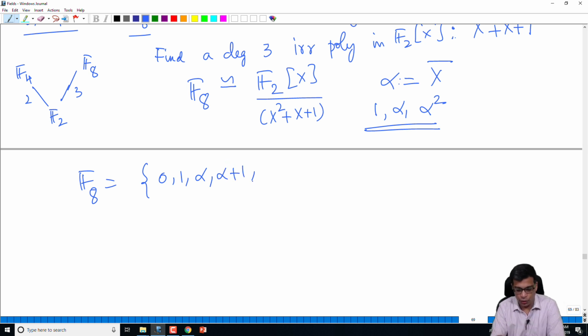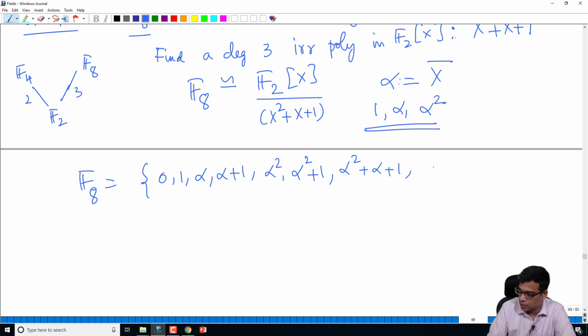So I will just follow the way I have written this. Alpha squared, alpha squared plus 1, alpha squared plus alpha plus 1, alpha squared plus alpha. So let's see, 1, 2, 3, 4, 5, 6, 7, 8. 8 elements, right? These are all distinct elements.